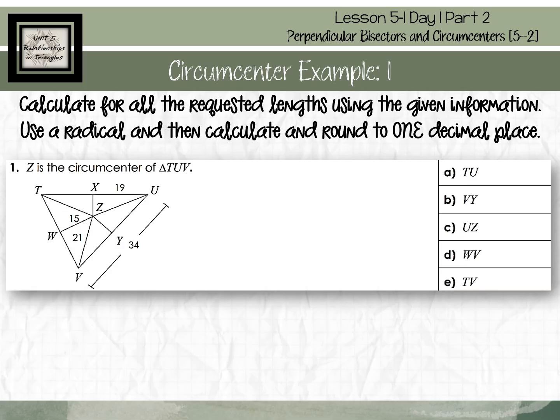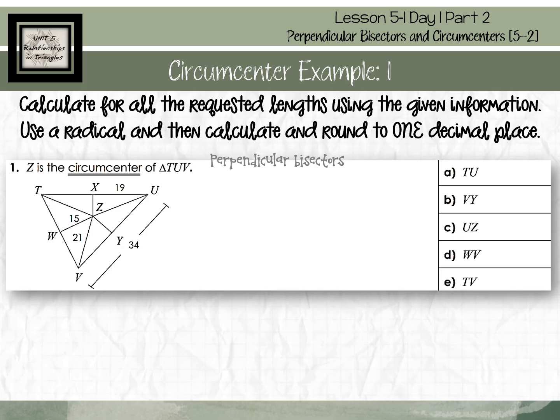Circumcenter, example 1. Calculate all the requested lengths using the given information. Use a radical and then calculate and round to 1 decimal place. We're going to put all of our answers in decimal form over there in the right-hand column. Z is a circumcenter, so we know all the properties of what is created by the perpendicular bisectors.